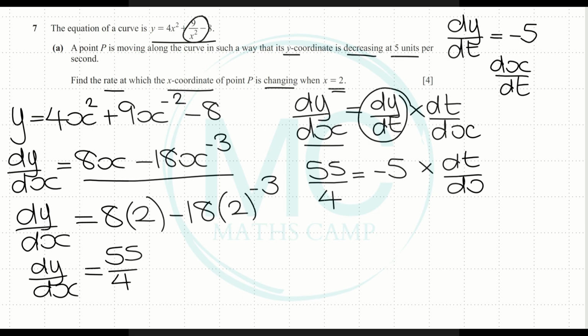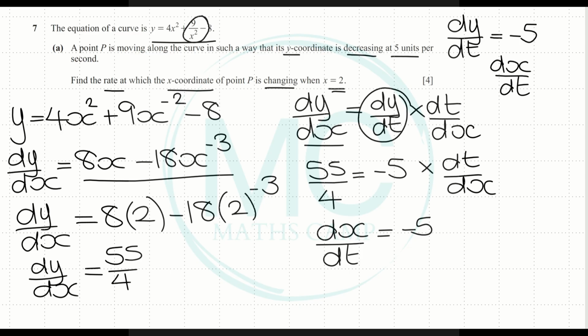But the rate of x is dx over dt. So we need to multiply both sides by dx and divide both sides by dt. So on the left, I'm now going to have dx over dt is equal to -5. Let's move 55 over 4 to the right.